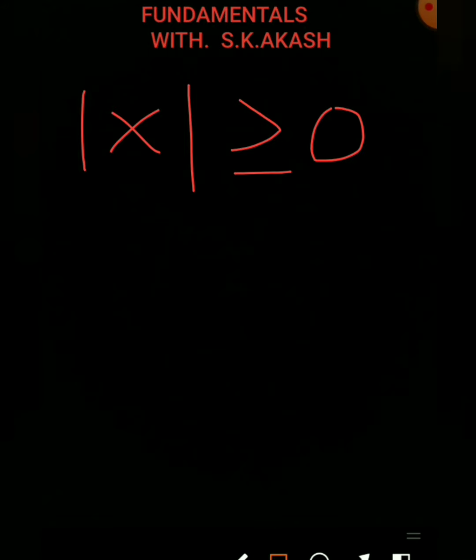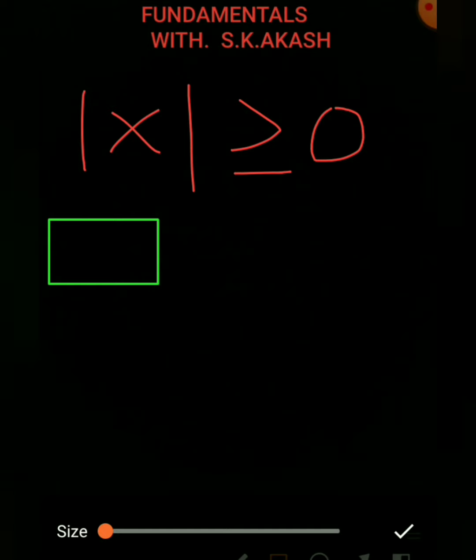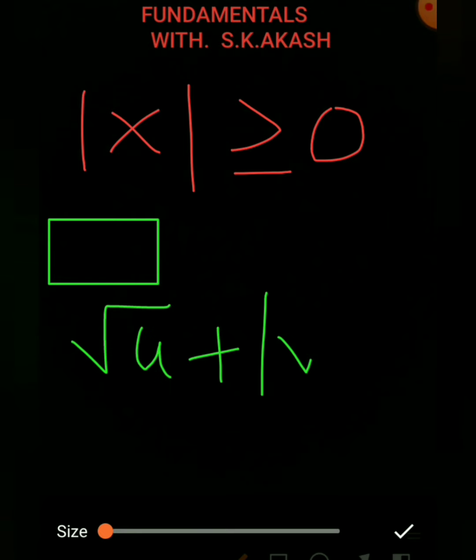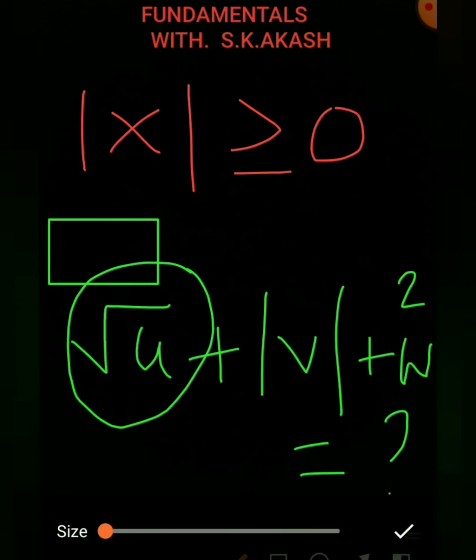Consider an example here: root of u plus modulus of v plus w square equals 0. Root always gives a positive value, right? Modulus also gives a positive value.